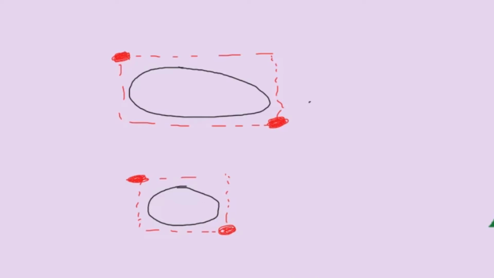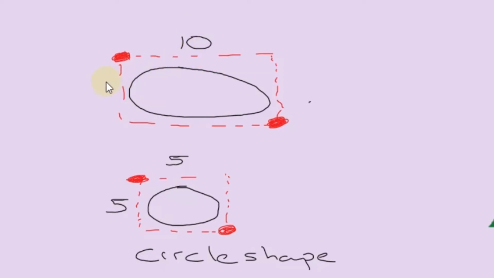But what we can say from this is we want this width to be 5 pixels and we want the height to be 5. So that's what gives us our circle shape. Whereas here in the oval we could say that this width here is 10, whereas the height is 5. So the bounding box is a rectangle there, whereas the bounding box here is a square.